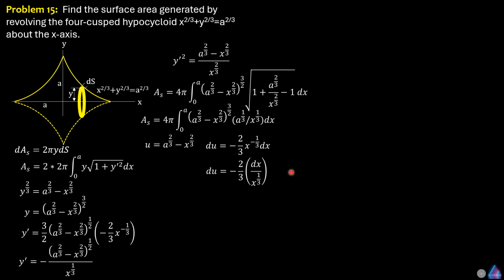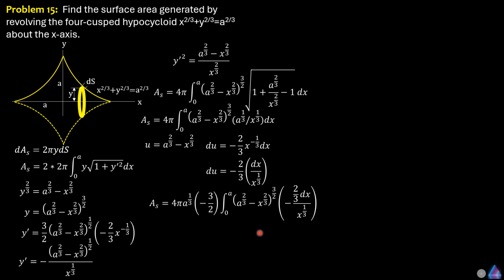So area S equals 4 pi a to the 1/3, and we multiply by the reciprocal, which is negative 3 halves, then the integral from 0 to a of the quantity a to the 2/3 minus x to the 2/3 raised to 3 halves times negative 2/3 dx over x to the 1/3.